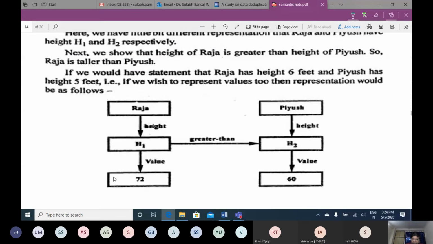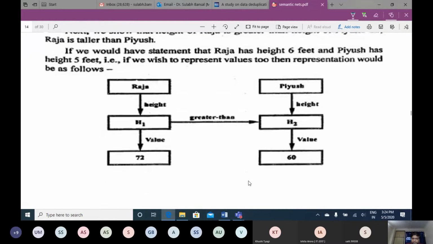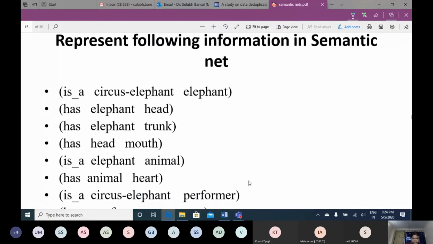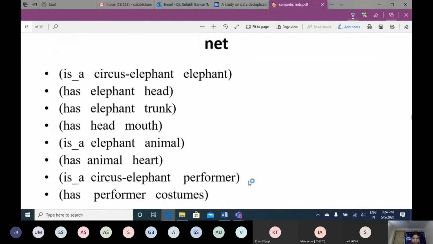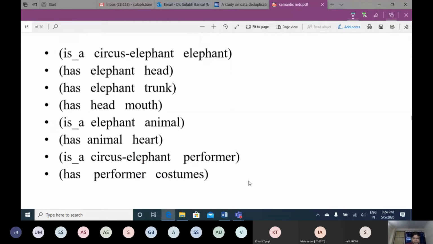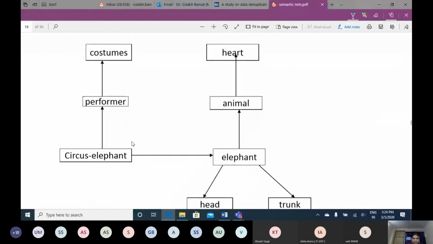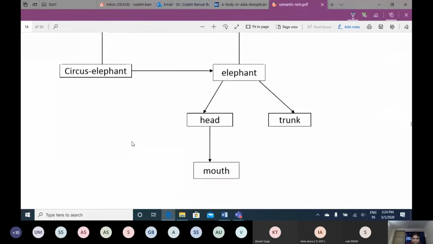You can just add that as a node, and you can link that value to h1 and h2 correspondingly. So this is simple. They have named the relationship between two things, two nodes, directly, and you just have to draw the graph for that.